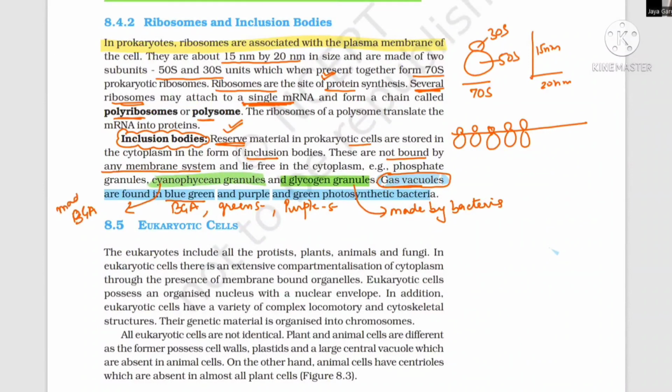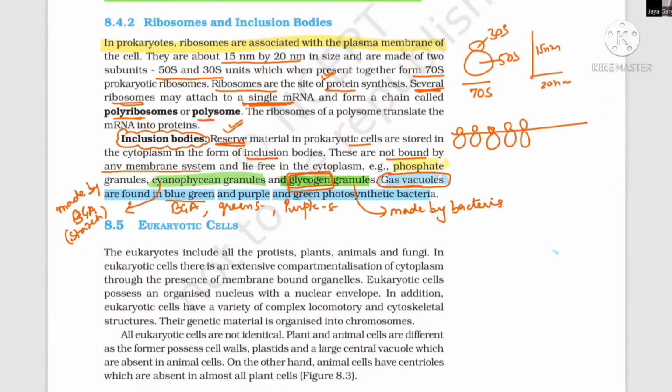Bacteria store glycogen, that is why glycogen granules. But cyanobacteria store cyanophycean starch. Please remember, bacteria will store glycogen, cyanobacteria will store starch. The next inclusion body is phosphate granules.